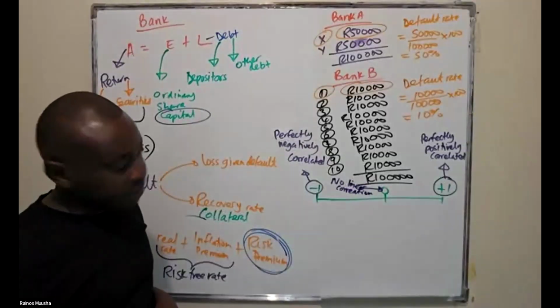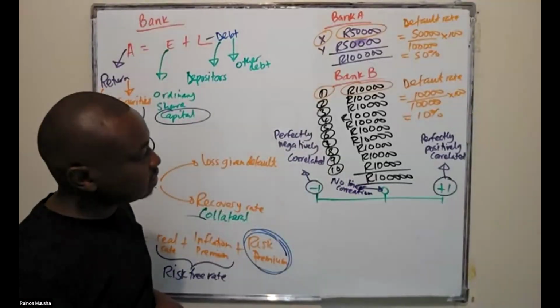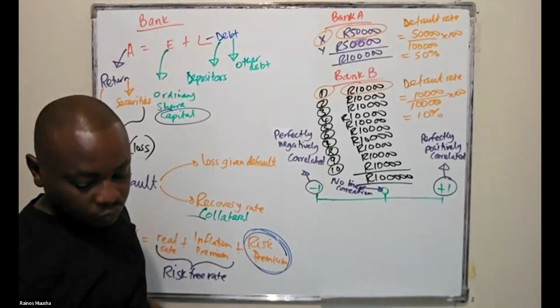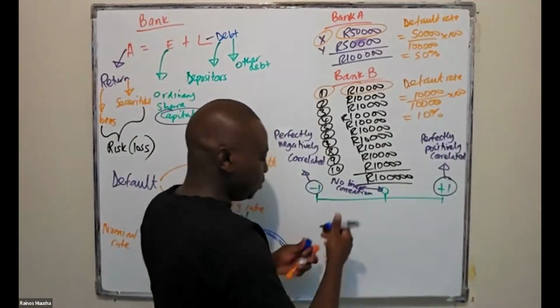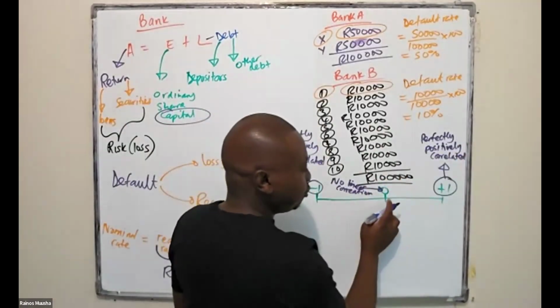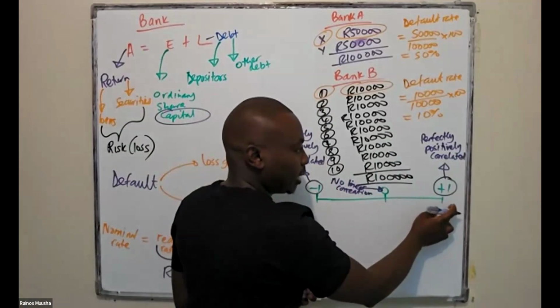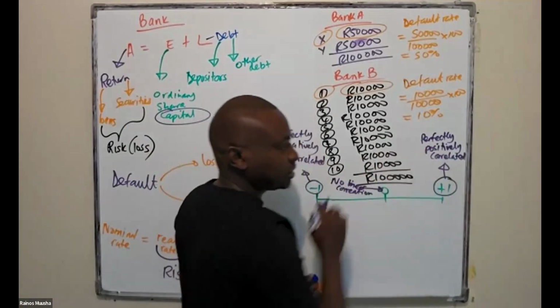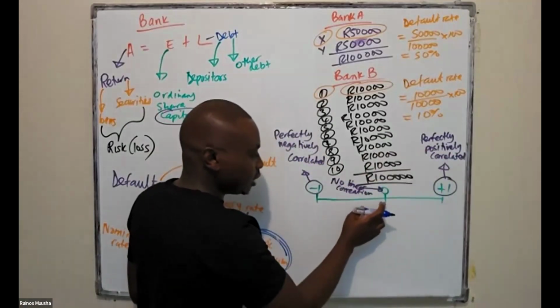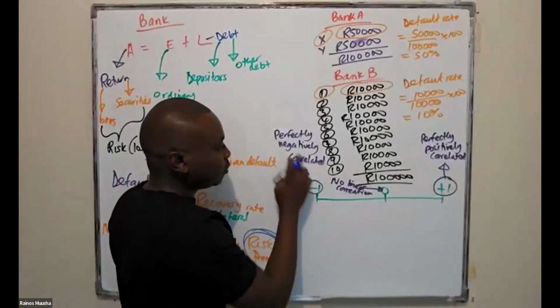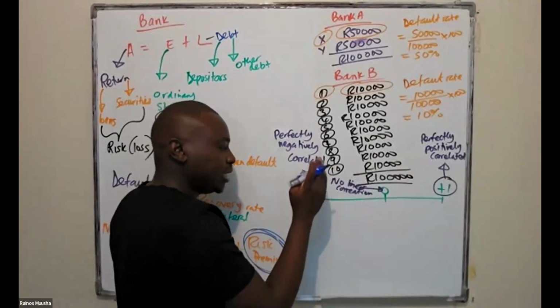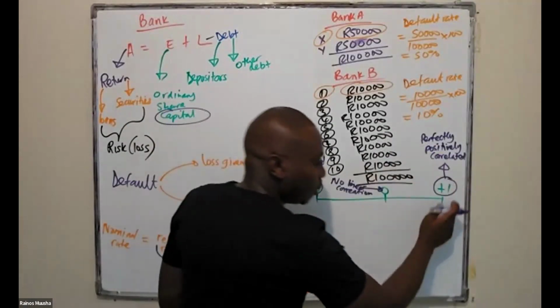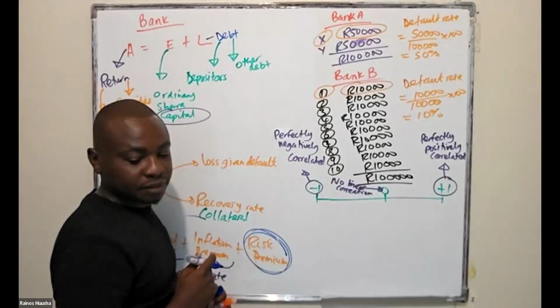Now, what this means is, when we say two assets are positive, which means any correlation between 0 and 1, we simply say they are positively correlated. And any correlation between 0 and -1, we say they are negatively correlated. They are perfectly so when they are either at -1 or at +1.